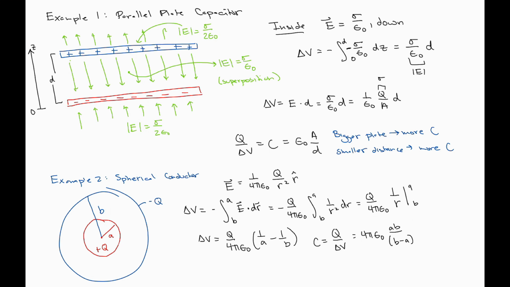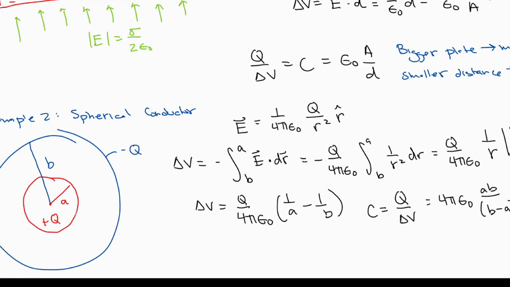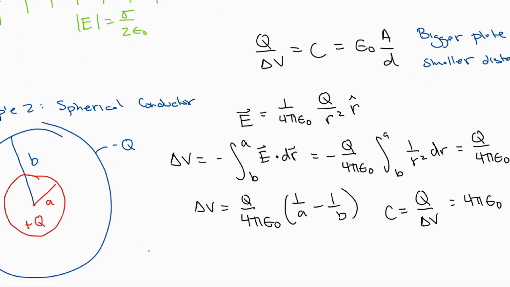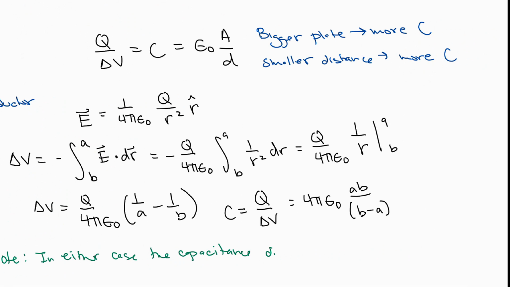But I want you guys to note, in either case, the capacitance depends only on our epsilon naught, which is our permittivity of free space, that constant, and the geometry.